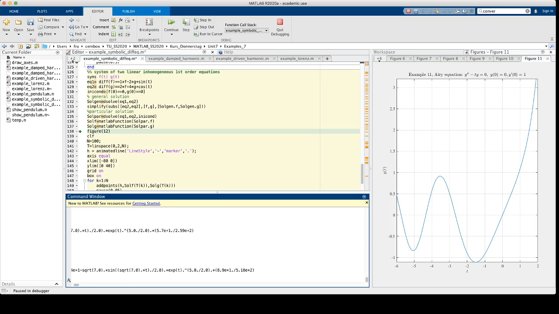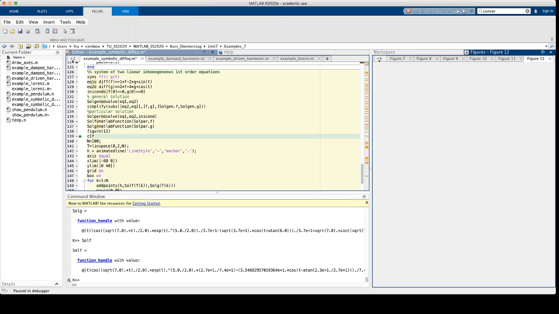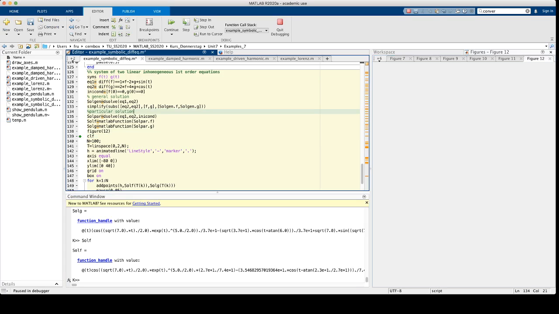Now we can plot the solutions. We can plot f and g as a function of t. So we generate a vector of t values, time values, and we display the solution as an animated line.